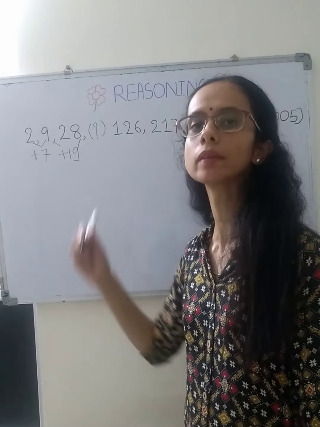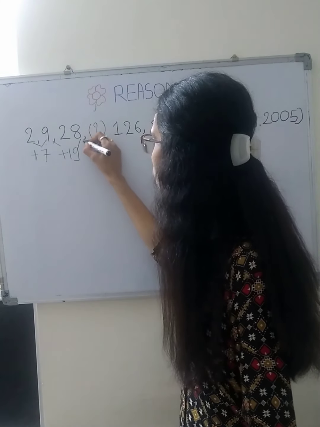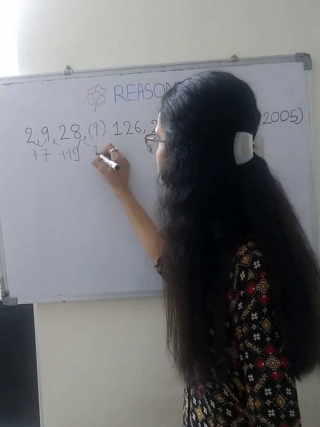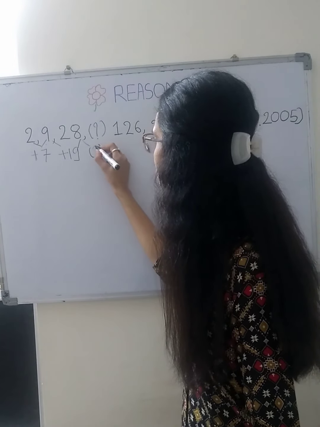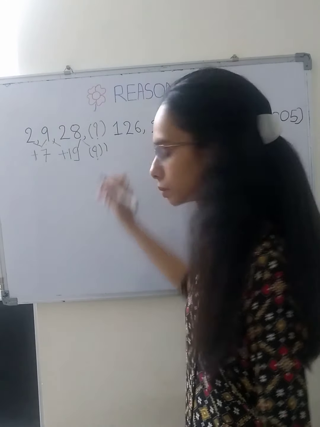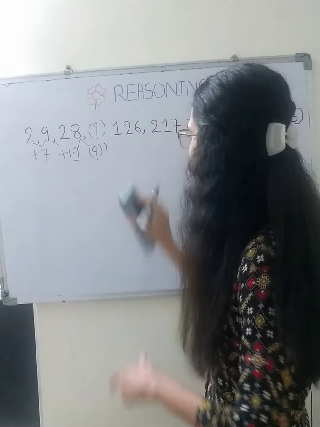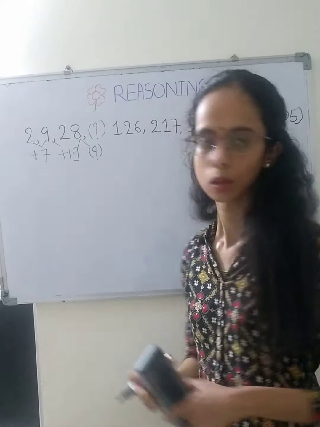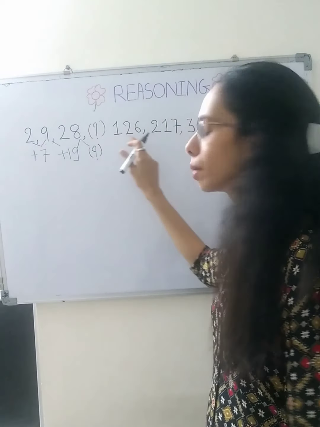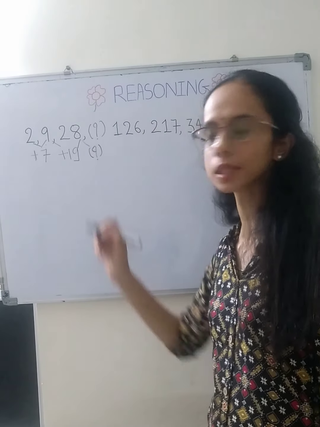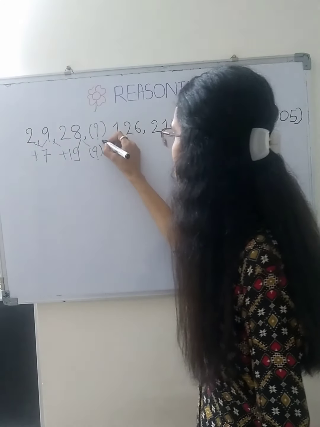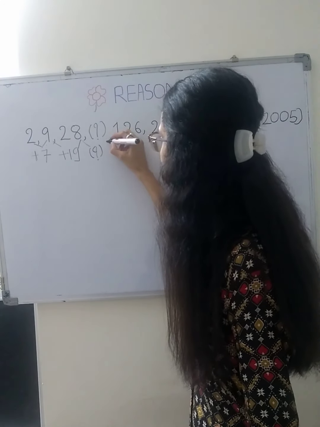What is the relation between these two numbers? We do not know that, so we have to place a question mark over here. Then this unknown number and 126. What is the relation between these two numbers? Again we do not know.